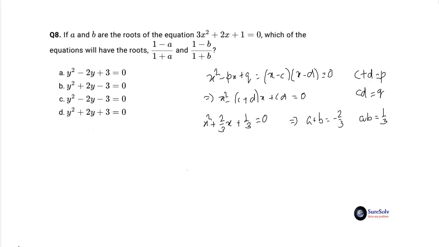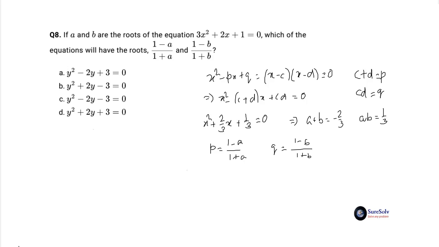As the given root values are cumbersome, for convenience of manipulations, you will use dummy variables p equal to 1 minus A by 1 plus A and q equal to 1 minus B by 1 plus B. From the choices you find that absolute values of p plus q and pq are 2 and 3 for all the choices and differ only in sign.